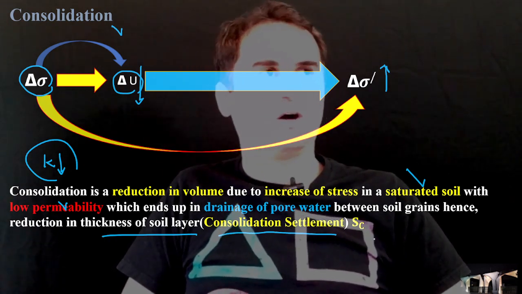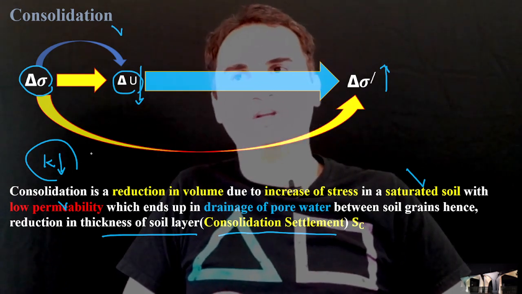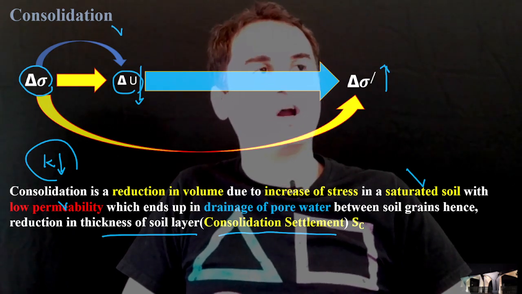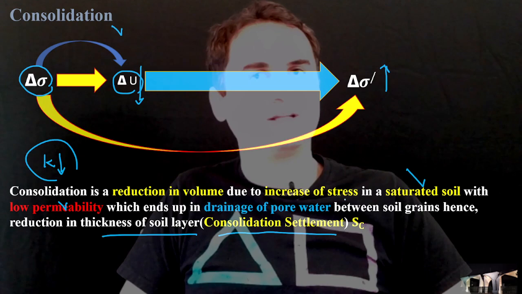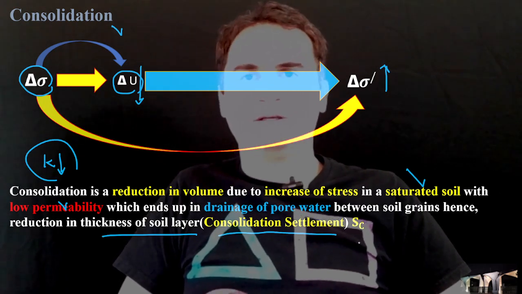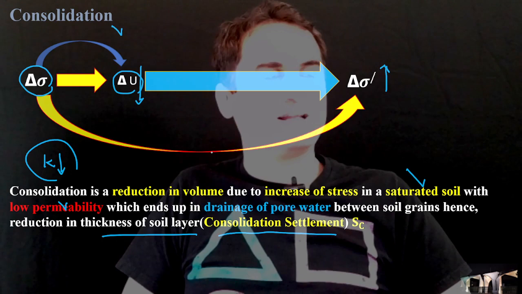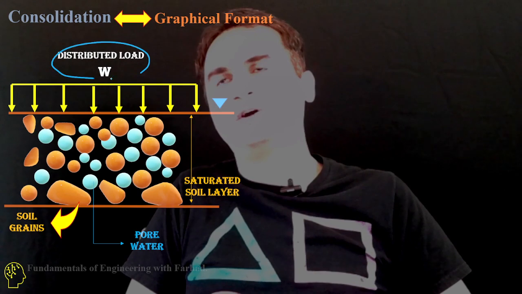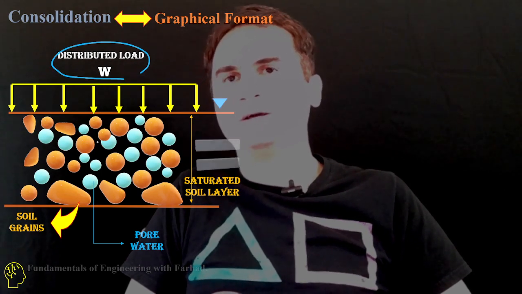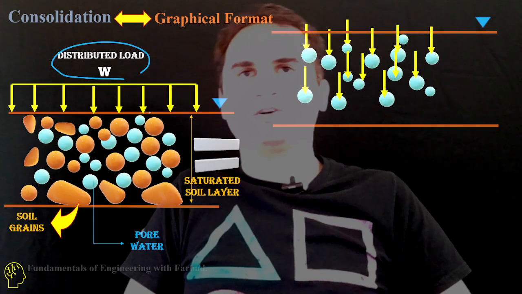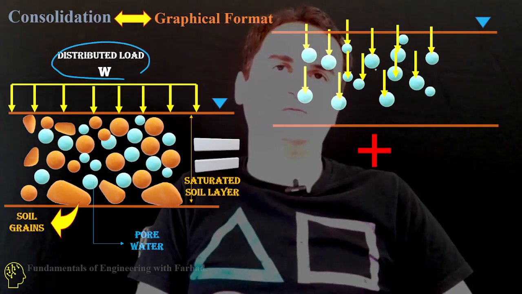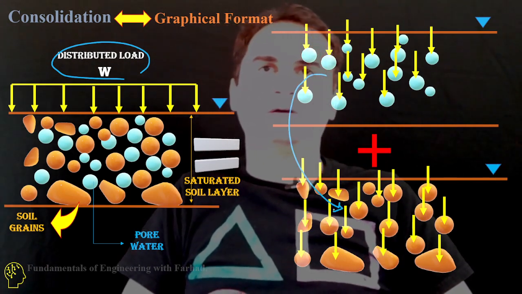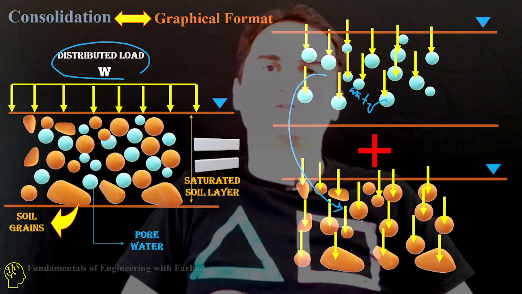We have another kind of settlement, like immediate settlement, in gravel and sandy soil, which has high permeability. So it is a sudden, immediate settlement that is not considered consolidation. And a graphical view of consolidation: if you apply a load on the surface of our soil, initially that extra stress is applied to the water, and over time it translates from water to soil grains.